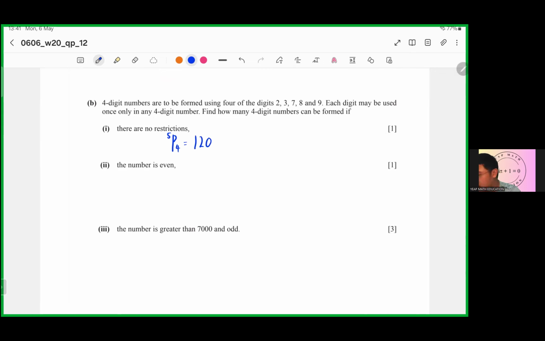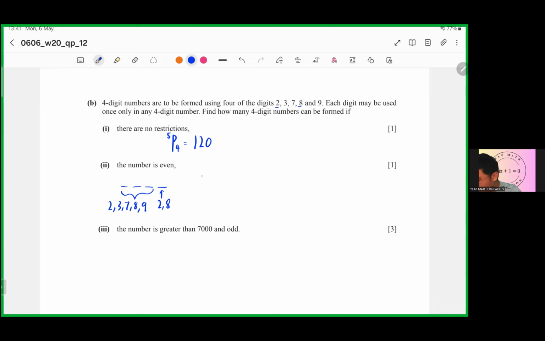Second is the even numbers. We see we have two even numbers here, 2 and 8. Here we can put 2, 3, 7, 8, and 9.